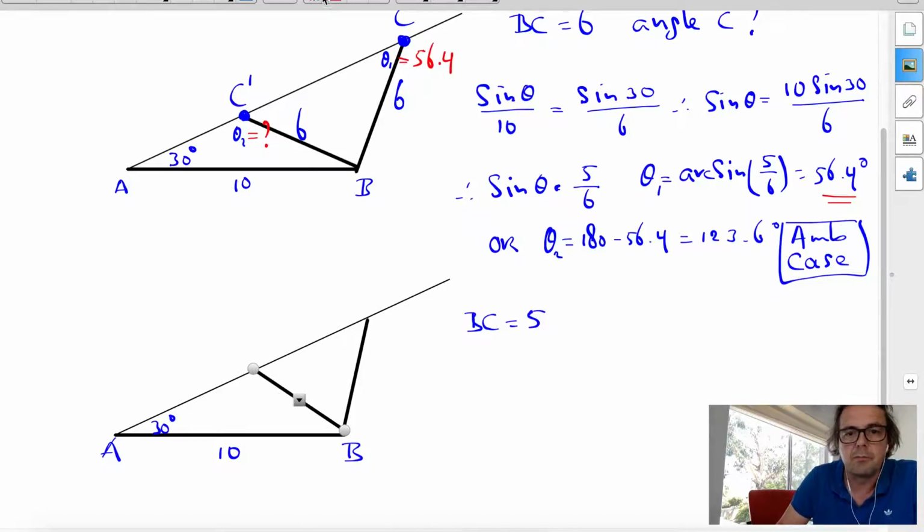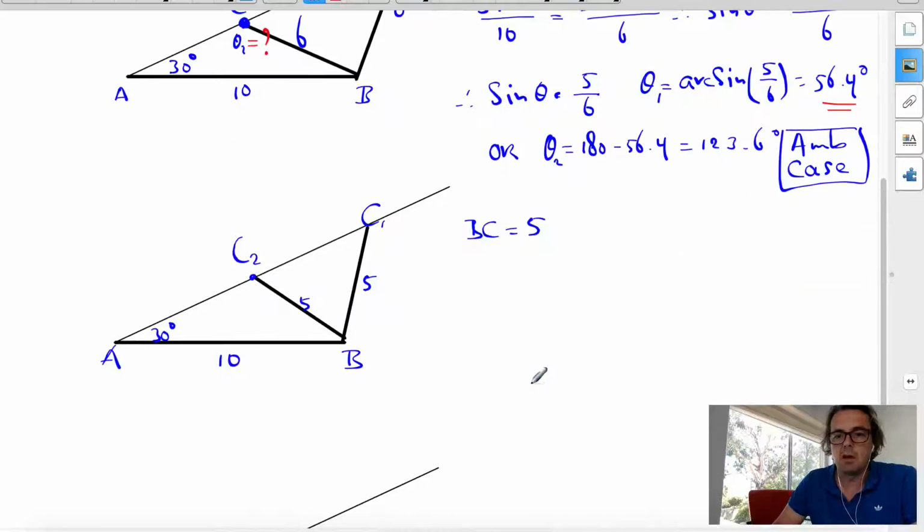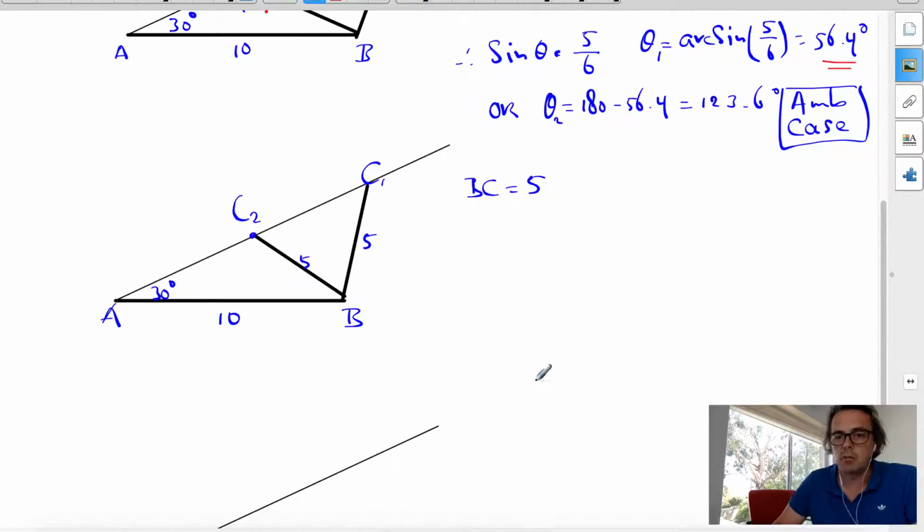I'll put it there. So this length is 5. This is also 5. So C could be here, C1, or C could be there, C2. So we didn't fall for it. We're taking into account the ambiguous case. Let's see what happens. And we're looking for the angle theta, theta 1 and theta 2.